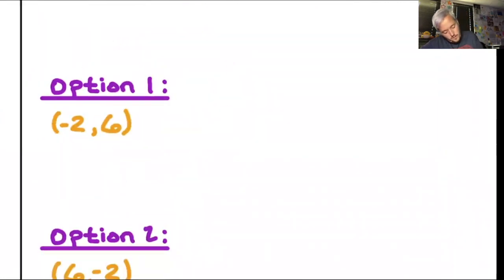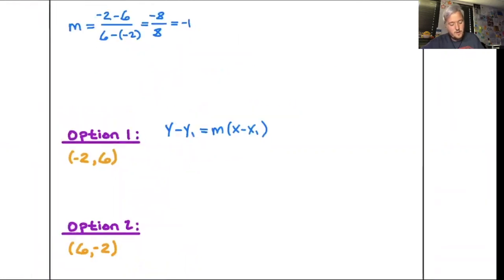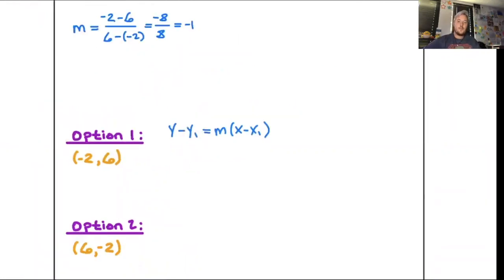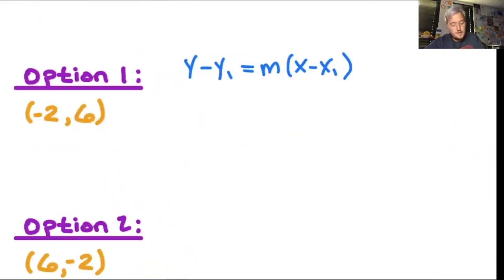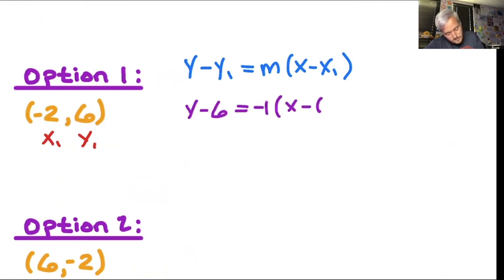So I'm going to have y minus y1 equals m times x minus x1. So I'm going to plug in my slope for negative 1, and then these are the points that I plug in for x1, y1. All right, so I will have y minus 6 equals negative 1, parentheses, x minus negative 2.